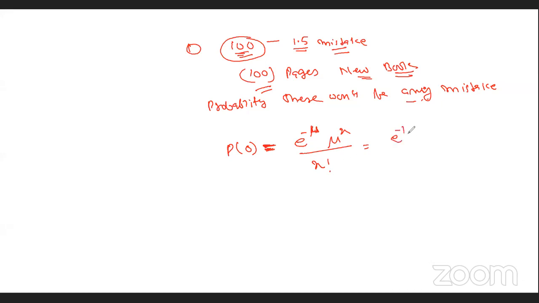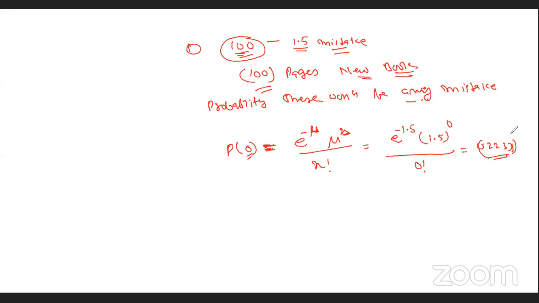So e to the power minus 1.5 into 1.5 to the power x. Now, what is x? Zero. Zero mistakes we are expecting in this particular event, divided by 0 factorial. If you do the calculation, you will get 0.2231. So there is a 22% chance that you will not find any kind of mistake if you pick 100 pages from a new book.